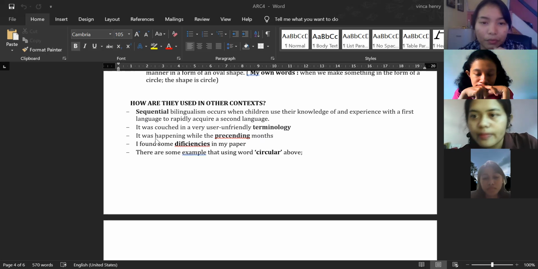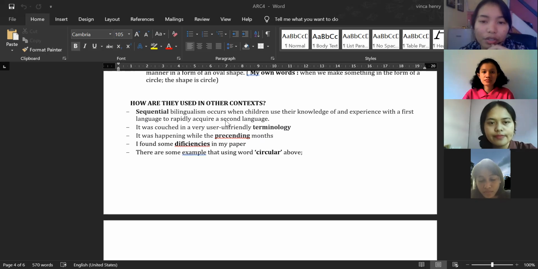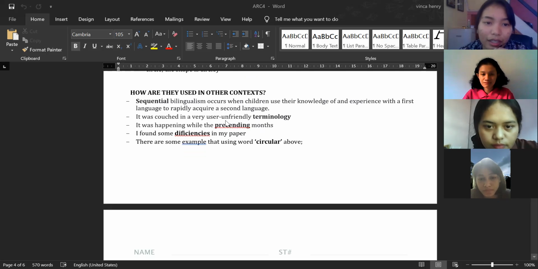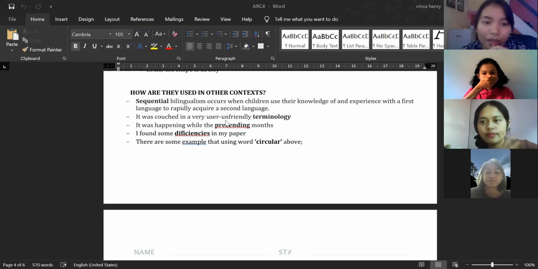Here I already provide them with other contexts. Sequential bilingualism occurs when children use their own knowledge and experience with a first language to rapidly acquire a second language. Second, it was couched in very user-unfriendly terminology.